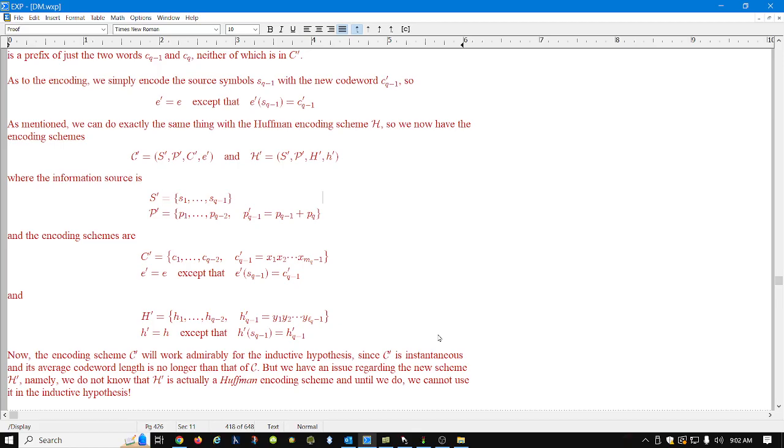It's an encoding scheme. But how do we know it's a Huffman encoding scheme? How do we know that the Huffman algorithm applied to the new source S prime P prime can produce the code H prime with encoding scheme little h prime? That's a bit of a subtle point.